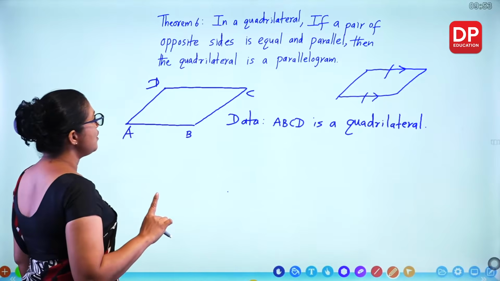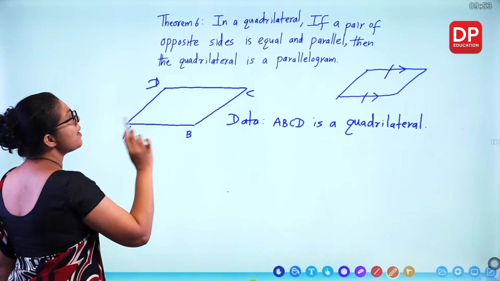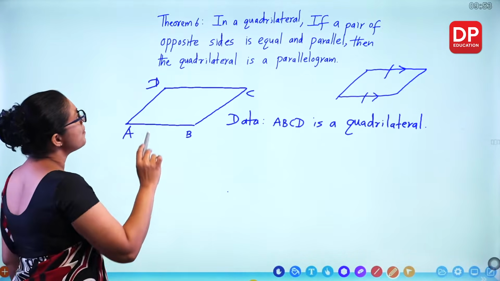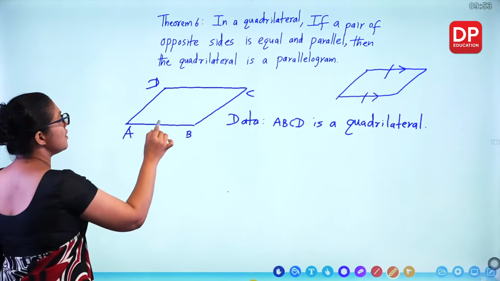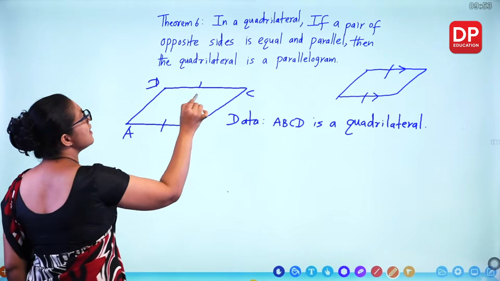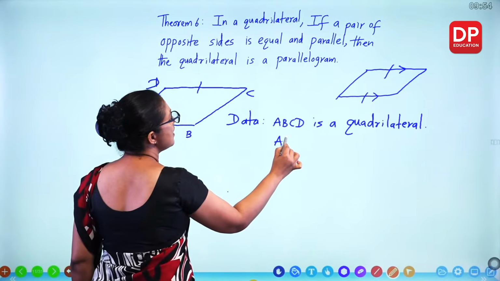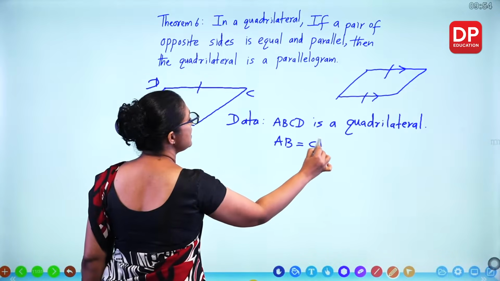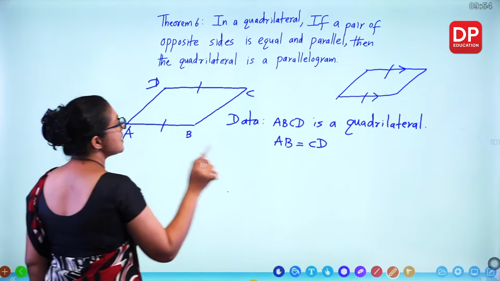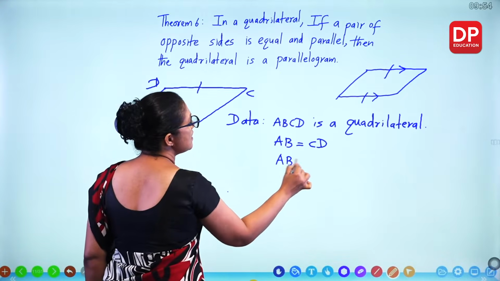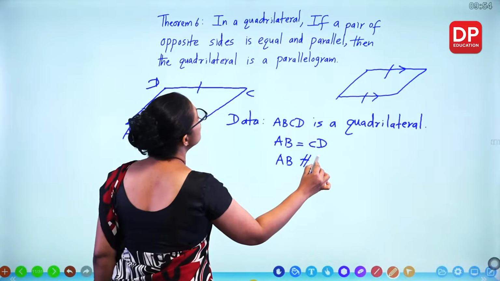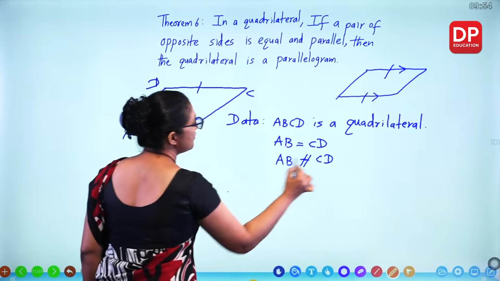And also we know that one pair of opposite sides is equal. So if I take AB, it's given AB is equal to CD as well as AB is parallel to CD. That's given.